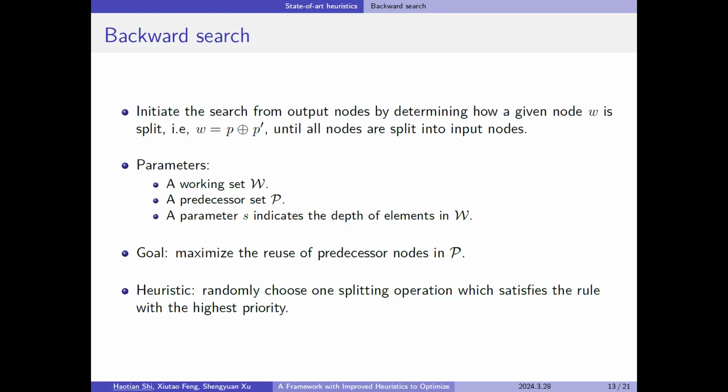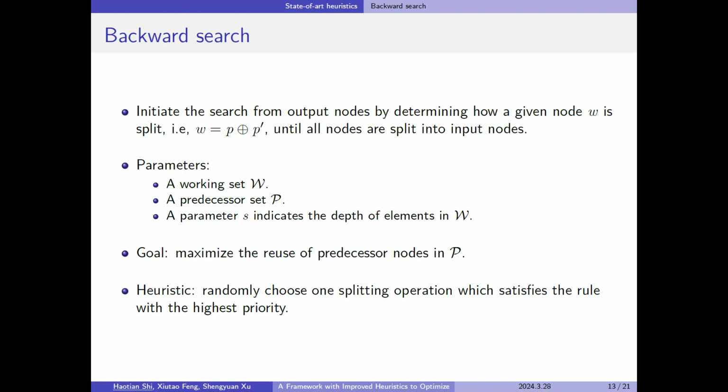The second type of heuristic is the backward search. It initializes the search from all output nodes by determining how a given node is split, that is, how a node is generated by P and P prime. This process continues until all output nodes are split into input nodes.